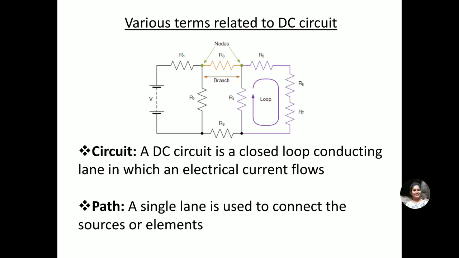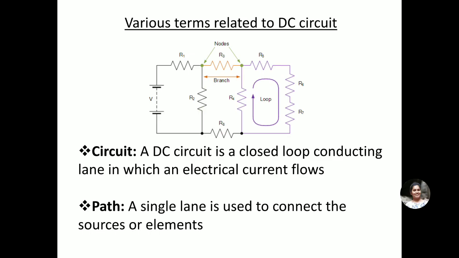So a circuit is nothing but a closed loop, and at the same time a closed circuit. Loop is also a simple closed path, but the condition is that no circuit element or node is encountered more than once. Here we find a node at resistors R4 and R5, but that node is not encountered more than once.